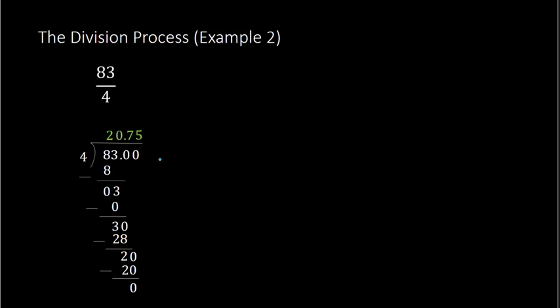Then you subtract to get 0. So now the remainder is 0, which means we are done with the division process, and our answer is 20.75. And again, if the remainder is not a 0, we could add another 0 and continue the process until we finish, or just round at a certain point instead of going on forever.